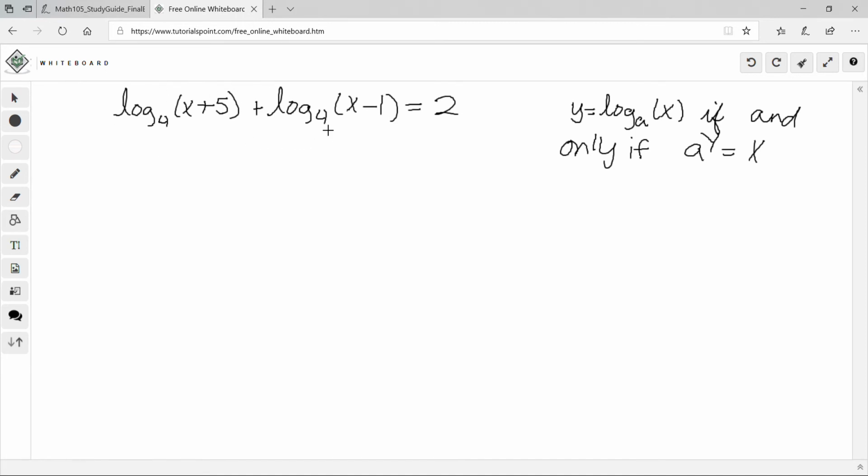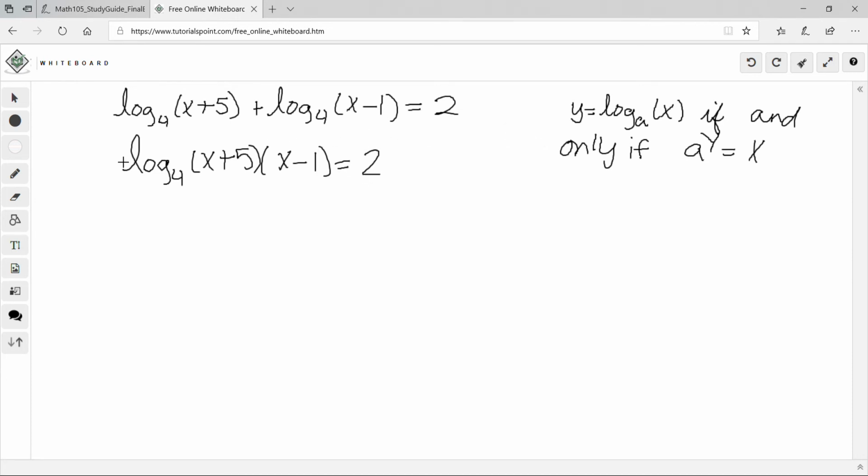Let's put it all in a single log base 4. And when you're adding logs, you're really multiplying. So you're going to multiply x plus 5 and x minus 1, not x minus 4, equals 2. Now we can use this rule.